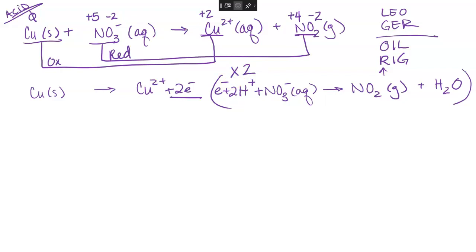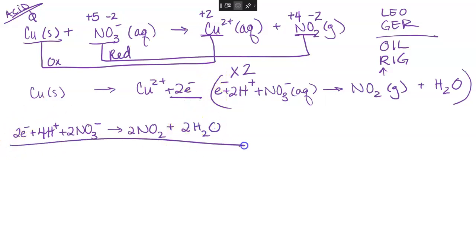And since the right-hand reaction is already balanced for itself, to only change its stoichiometry, we multiply everything by 2. So it stays balanced, but now we can eliminate the electrons. Does that make sense? Yes. Okay. So multiplying everything by 2, I'm going to rewrite it: 2 electrons plus 4 hydrogens plus 2 nitrates yields 2 nitrogen dioxides plus 2 waters.